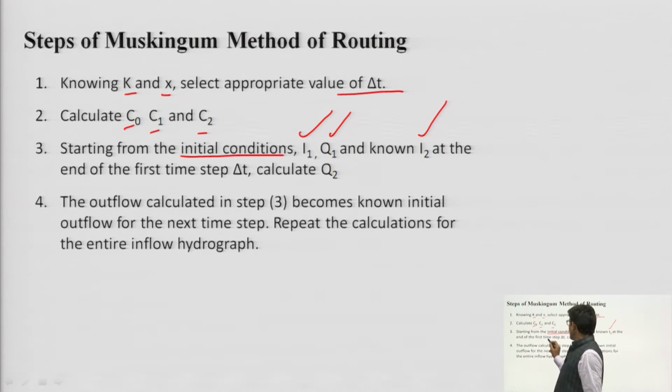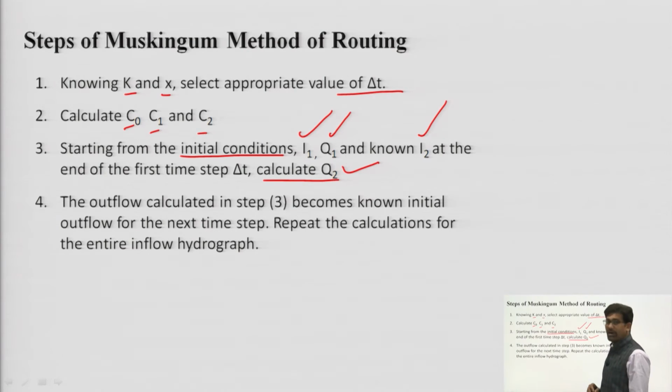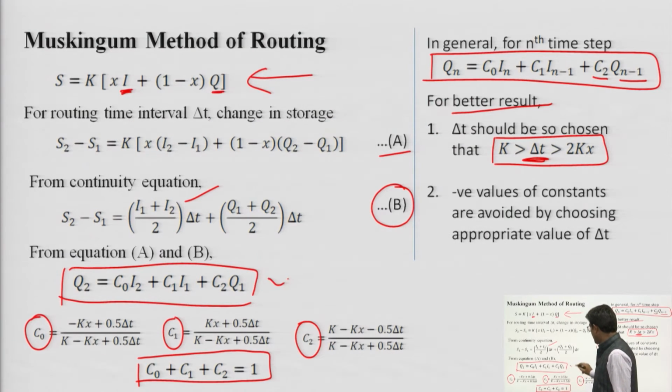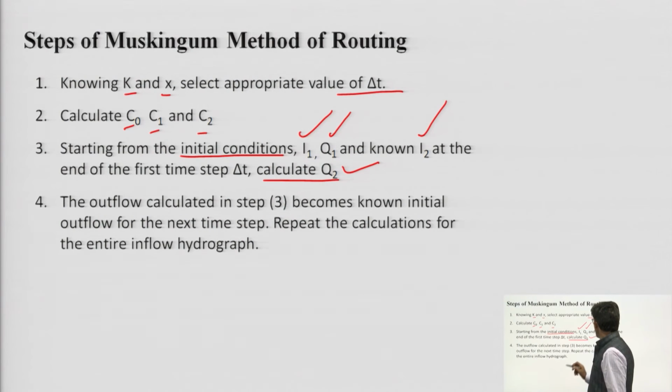At the end of the first time step del T, calculate Q2 by the equation given here. I2, I1 and Q1 are known to us. The constants C naught, C1, C2 can be calculated by a suitable value of del T, so the value of Q2 can be calculated.